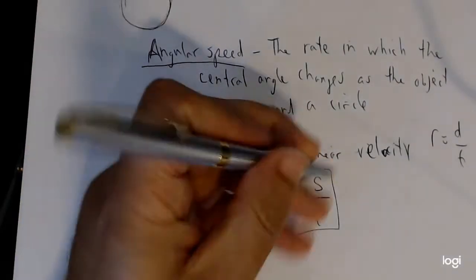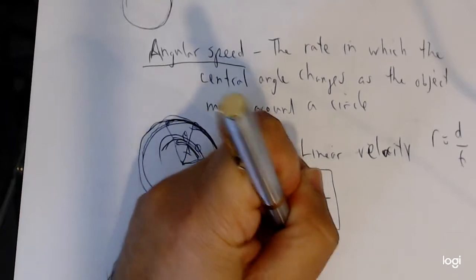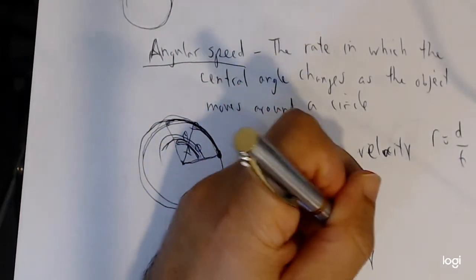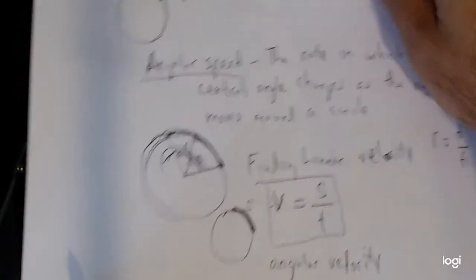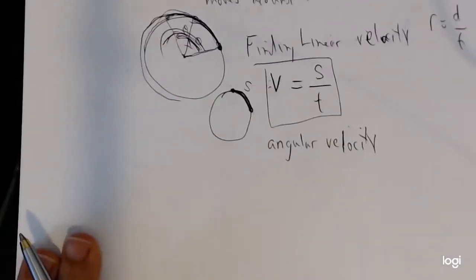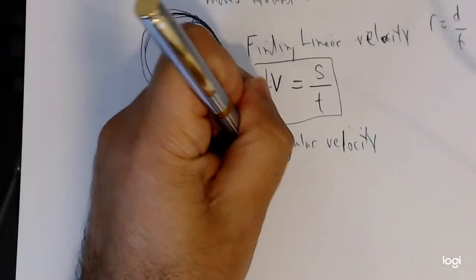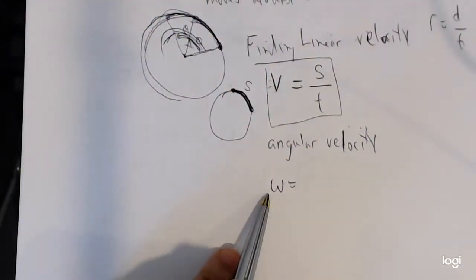Now, as far as angular velocity is concerned, we want to know how fast the angle is changing. So with angular velocity, we're going to use omega, which is just a Greek letter.